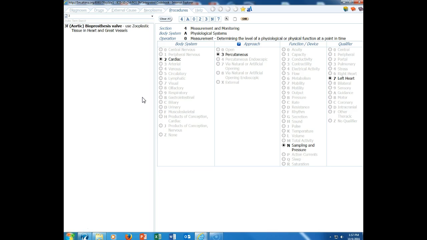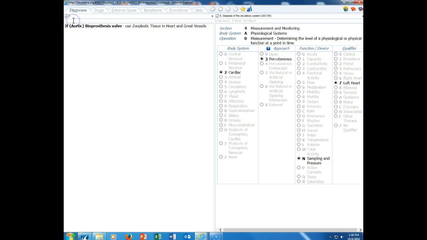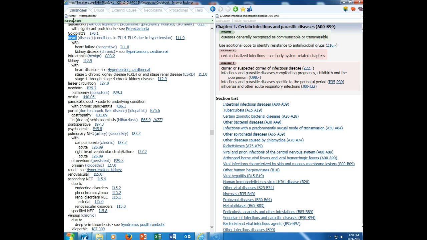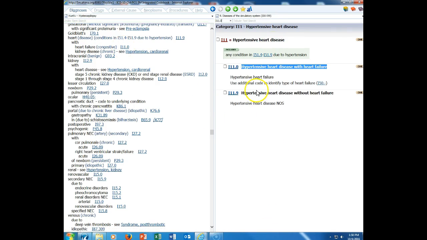And so we know we're not going to code that pulmonary edema. So it's hypertensive congestive heart failure. So we have hypertension, heart with failure, congestive, I11.0.